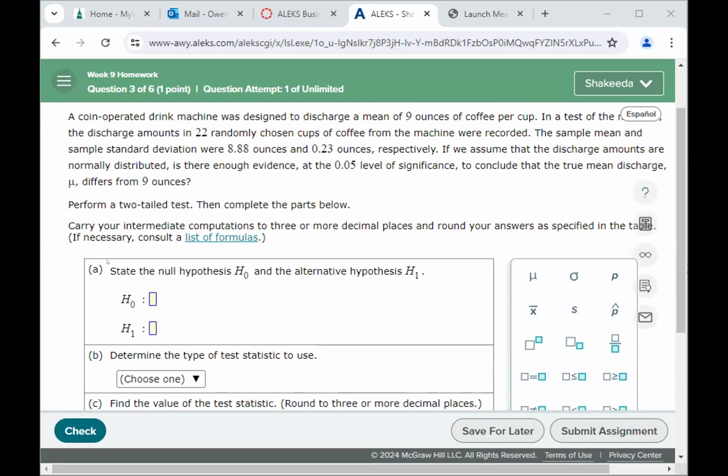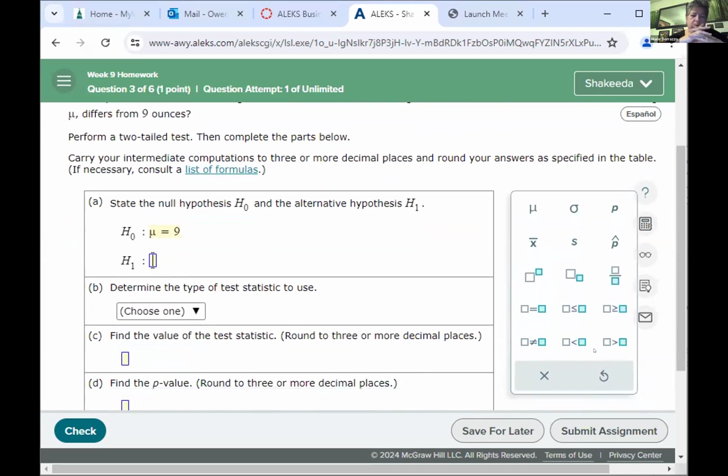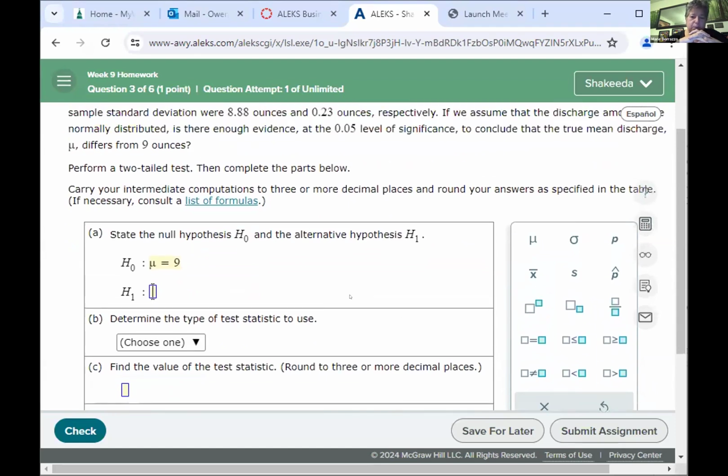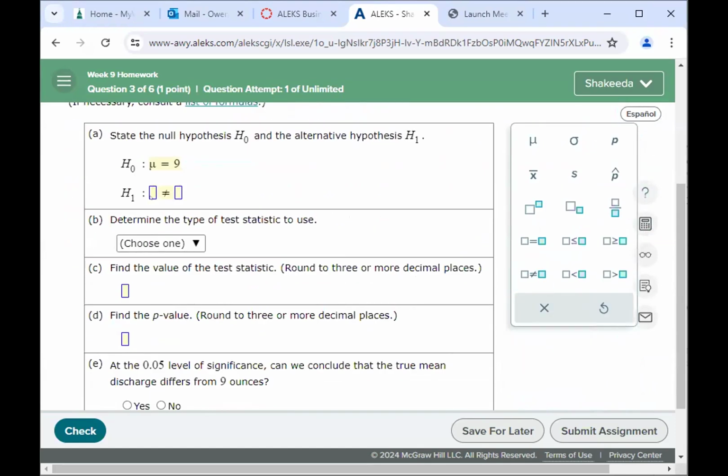Okay, so mu is equal to 9. And the other one, obviously, not equal to. Degrees of freedom 21.